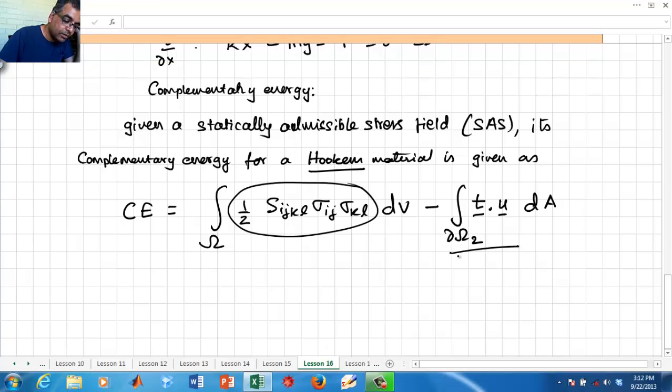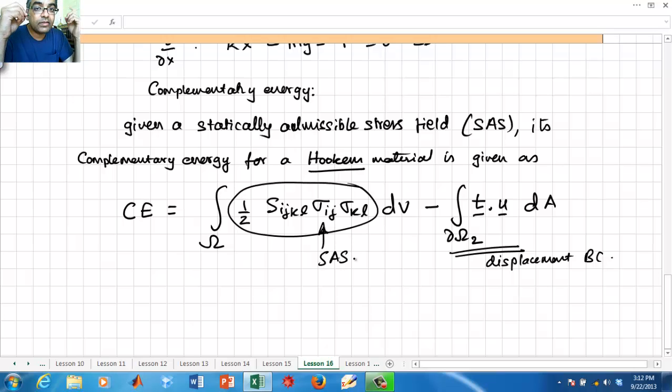This is on the displacement specified, displacement boundary condition. Notice this has to be a SAS. It's a statically admissible stress field which satisfies this condition.